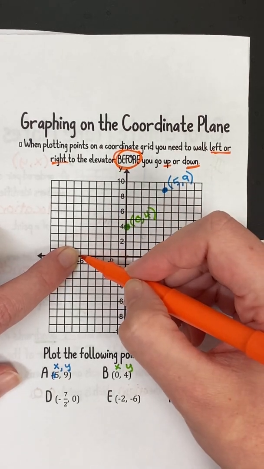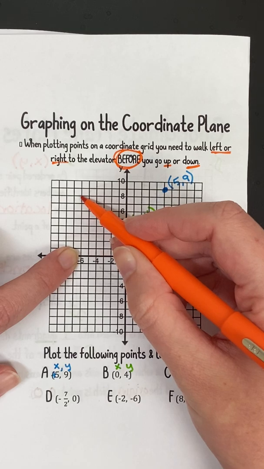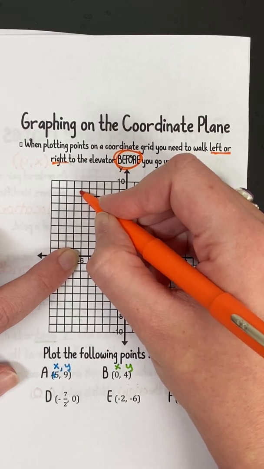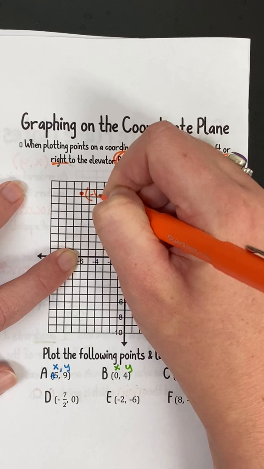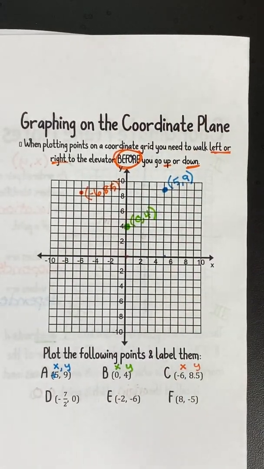So I have to go up 8, 1, 2, 3, 4, 5, 6, 7, 8. But then I have that 0.5, so I'm not going all the way to 9. It's going to be right there in the middle. Okay, so I have -6 and then 8.5 right there.